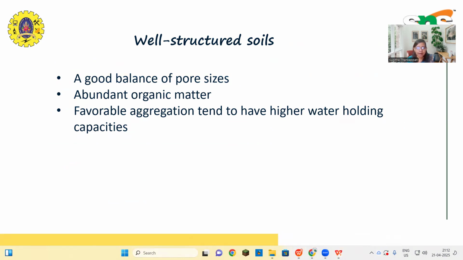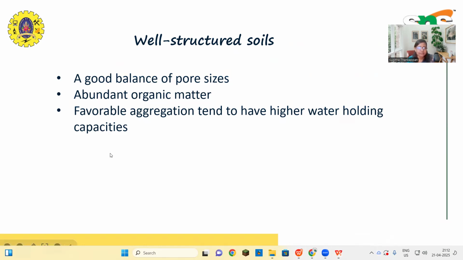If we talk about an ideal student, the ideal student has certain characters. The same way in agriculture, we have a term called well-structured soil or an ideal soil. So what is an ideal soil, or which soil can you consider as a well-structured soil?